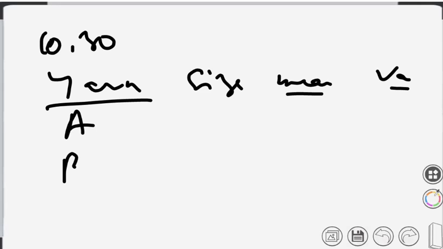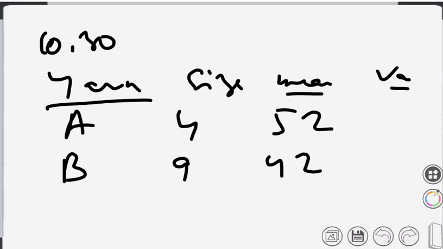For yarn A and yarn B the sample sizes are 4 and 9, the means 52 and 56, and the variances 42 and 56. So sample size, sample variance, all the values are given.